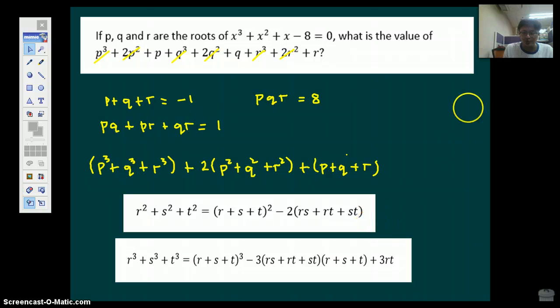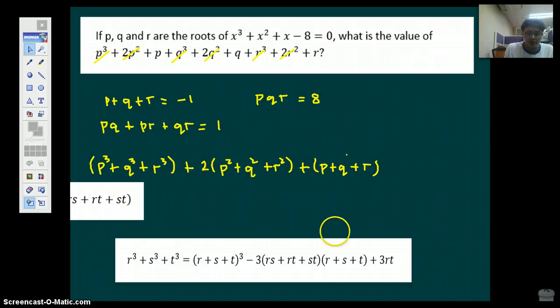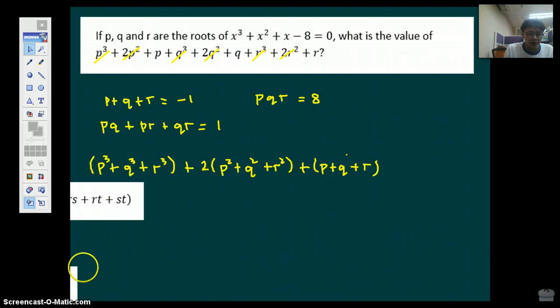Okay, so let's use the space here. Let's start with the sum of the squares.